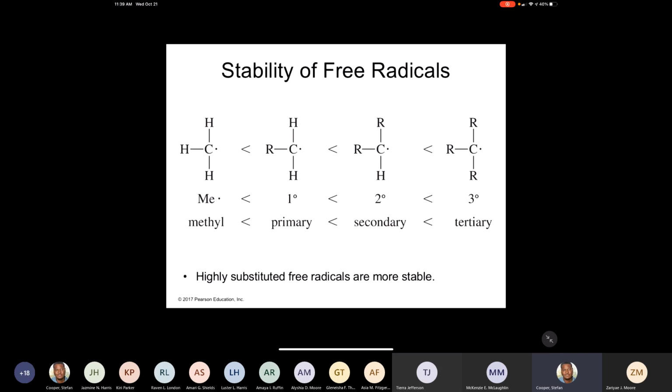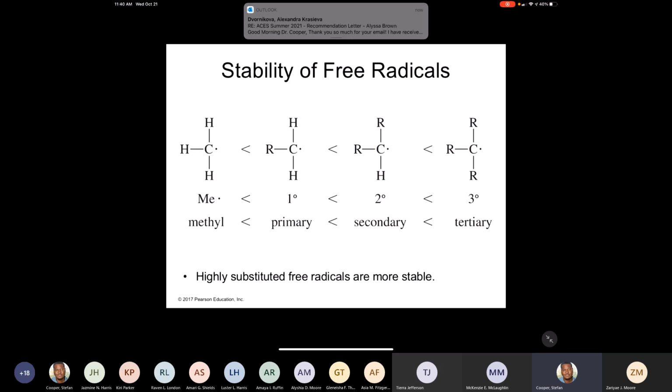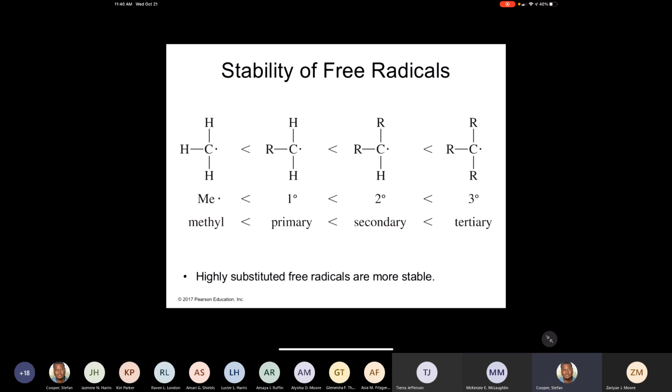So this is how it works in organic chemistry. Carbons that have electrons don't mind sharing it with other carbons. Is everybody comfortable with that so far? So carbons don't mind sharing electrons with carbons, all right? So the more groups that share electrons with me, the more stable I will be if I'm a radical, right?